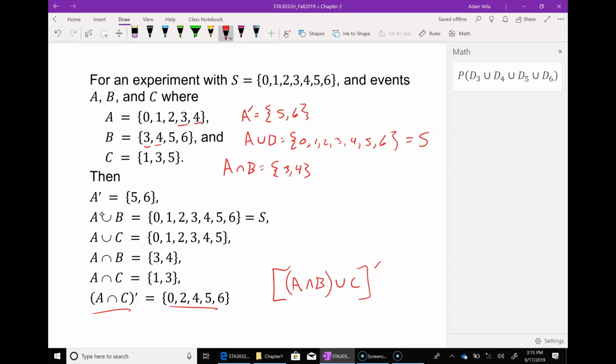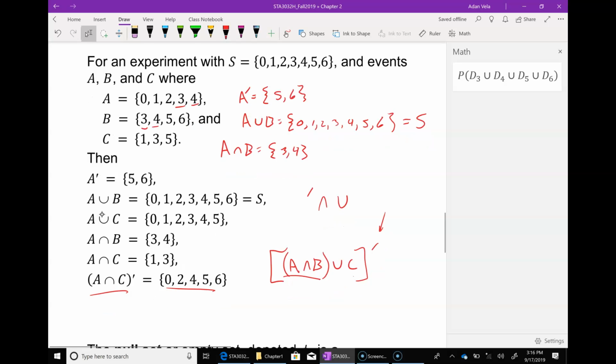So I think actually order of operations is sort of the same as with math, with basic arithmetic. So I think this guy goes first. So first you go prime, then intersection, then union, unless it's noted. But really you should be clarifying what the order of operations here is. So here we'll calculate this guy first, and then we'll union it with C, and then we'll take the complement of it. So this is the basic process.